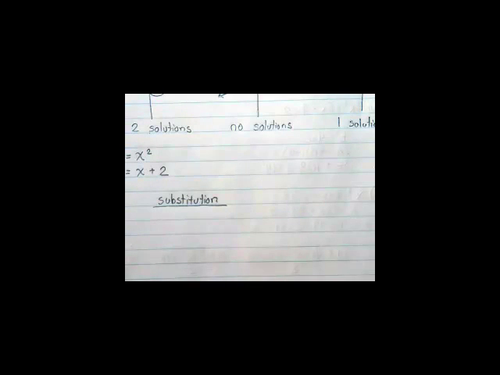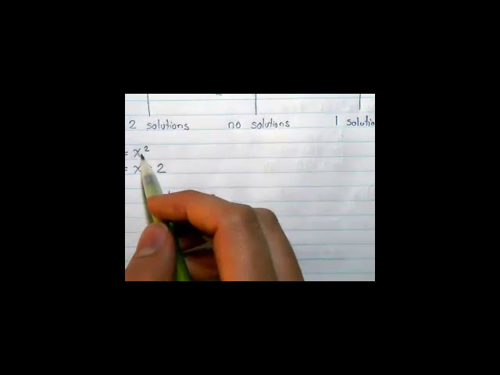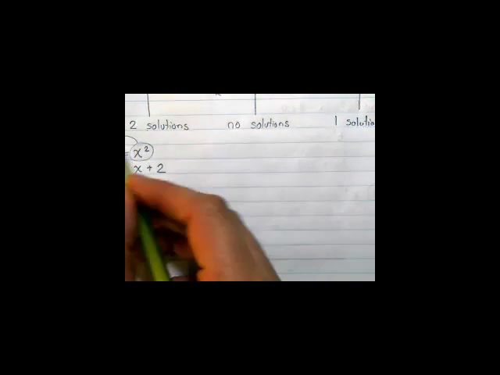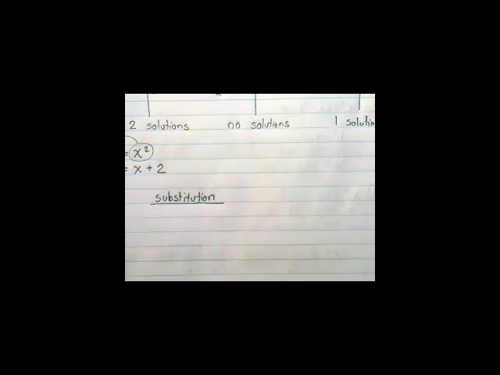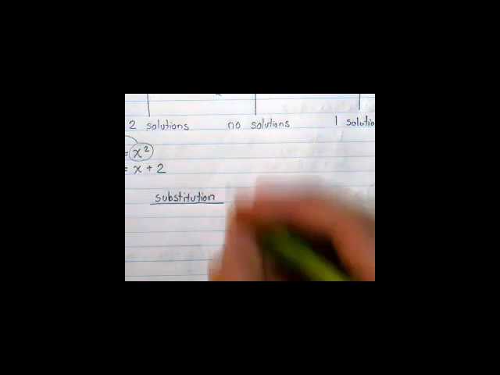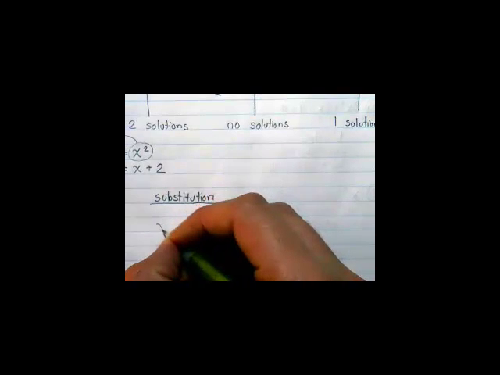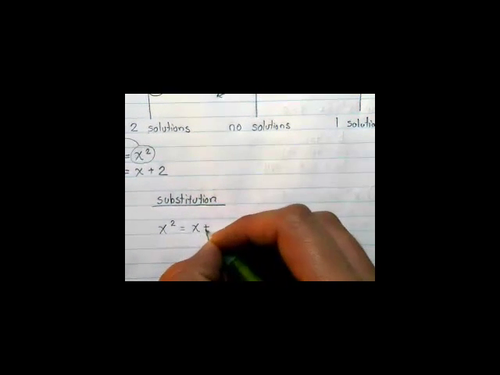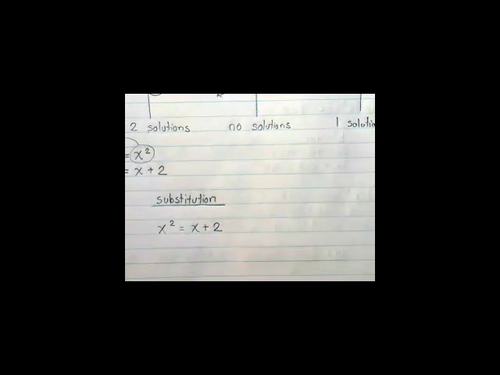Okay? So that first equation, y equals x squared, I'm going to take this x squared and replace this y with it because y is equal to that. So we end up with that substitution, x squared equals x plus 2.